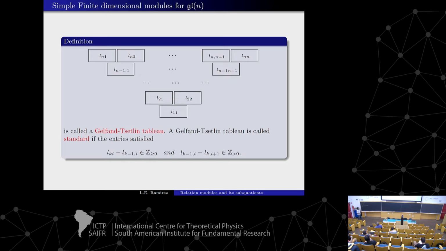The entries of these Gelfand-Tsetlin tableaux are complex numbers, and the important ones for finite dimensional modules are those satisfying these two conditions.